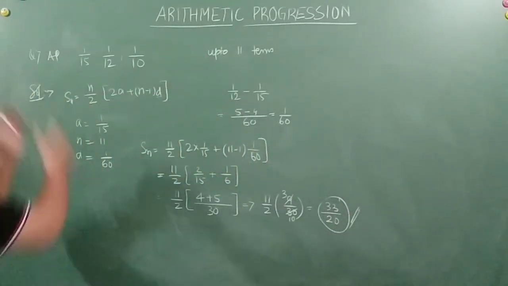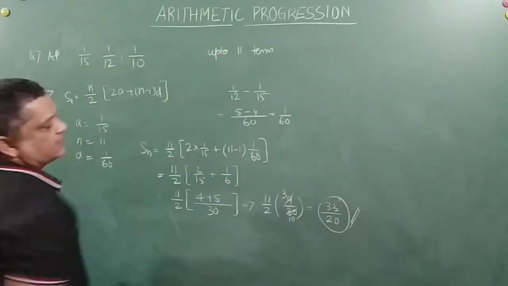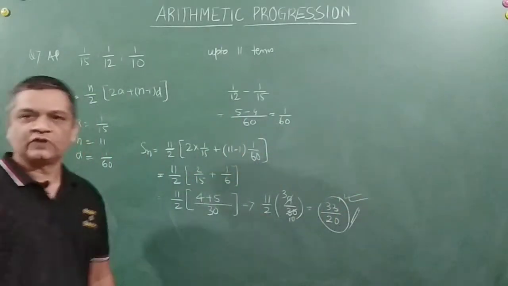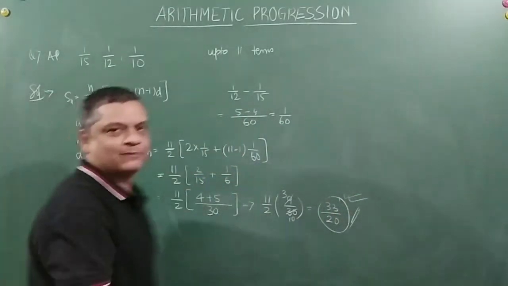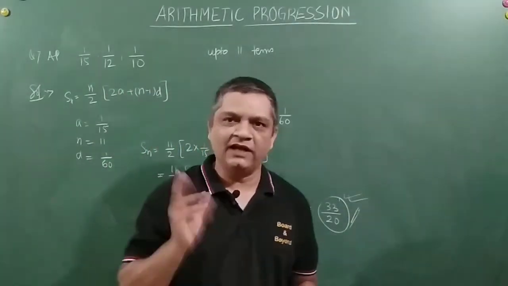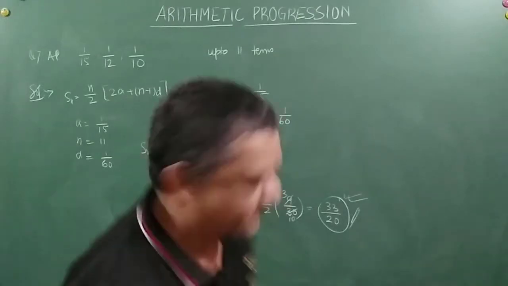So the sum of this arithmetic progression up to 11 terms will be this. Got it, friends? This was a pretty simple example just to illustrate how to use this formula. So let's move on to the next one, friends.